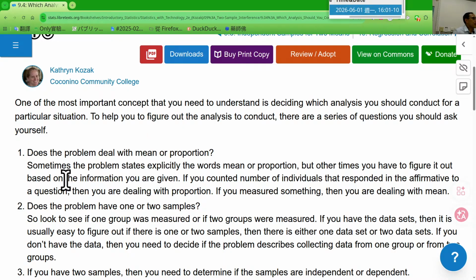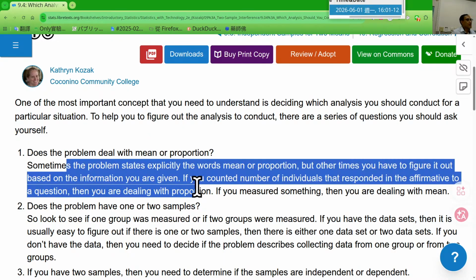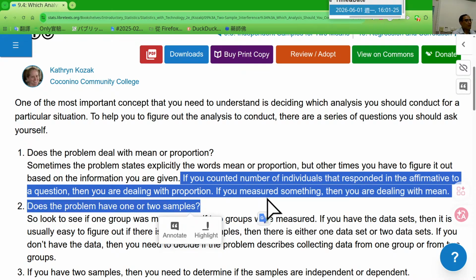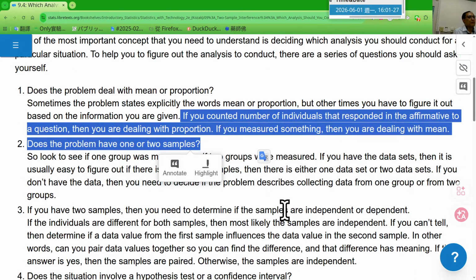It's different. Sometimes the problem states explicitly the words mean or proportion, but other times you have to figure it out based on the information you are given. If you counted the number of individuals that responded affirmatively to a question, then you are dealing with a proportion.